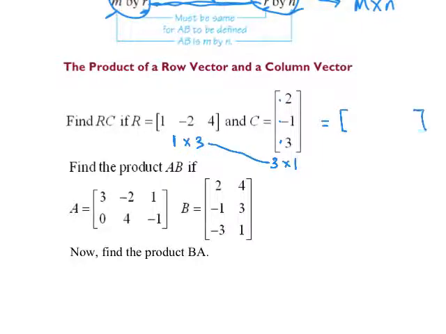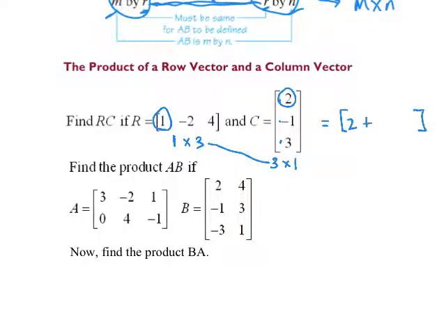I'm making this a little bigger because you see what we have to do. So in order to do this multiplication, what you're going to do is take each row value times each column value and then add them together for that one cell. So I'm going to take row 1 times column 1. So 1 times 2 is 2.